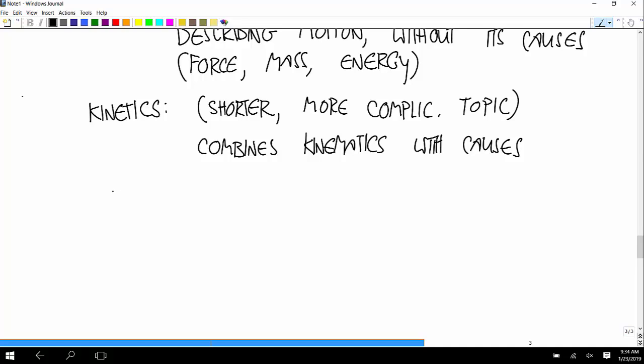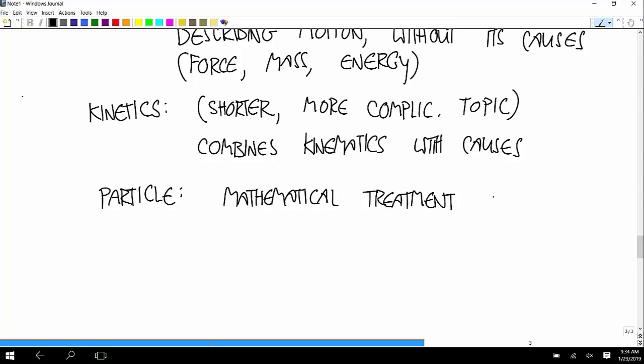And what's a particle? What you need to remember about a particle is it's not an actual thing. It's a mathematical treatment of an object.